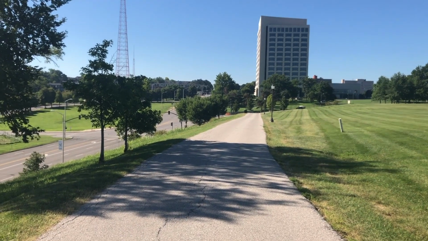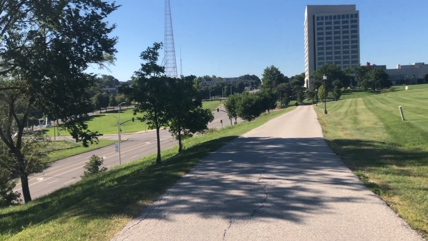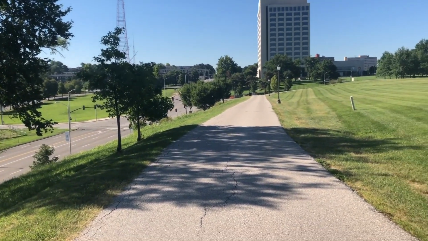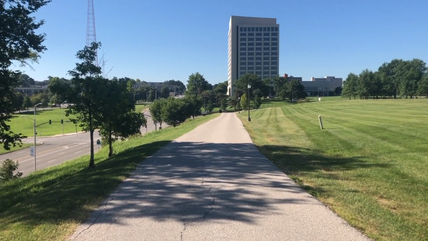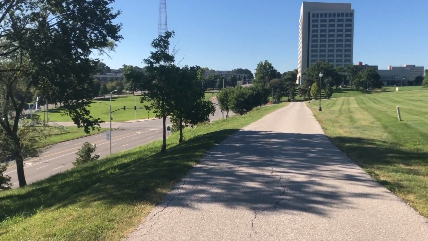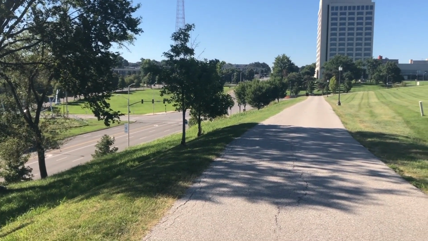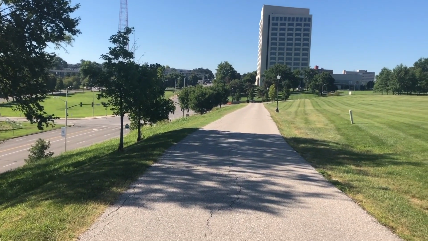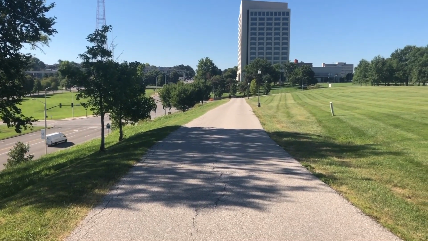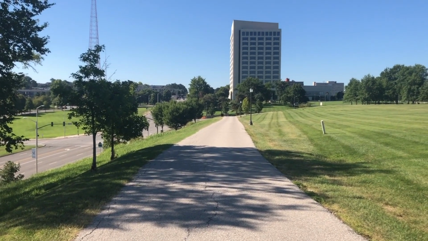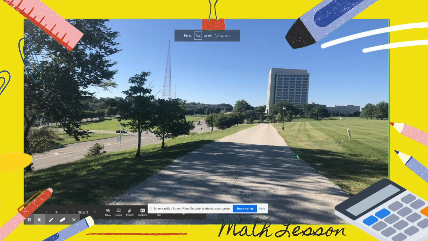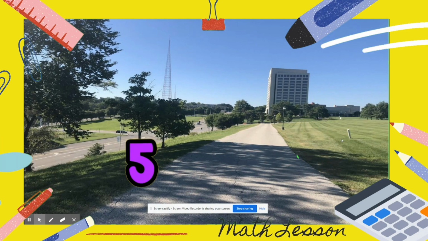Now we just walked that whole stretch of path and we practiced our counting with 2 separate groups of trees. Now I'd like for us to practice our addition skills. Can you tell me how many trees did we count in all? Remember, the second group of trees we counted had 5 trees in it.